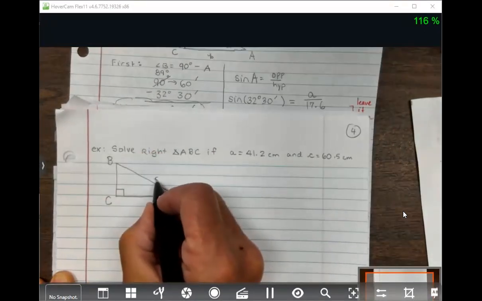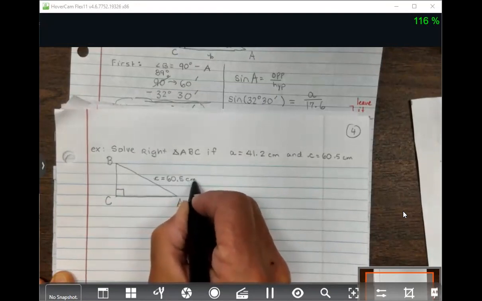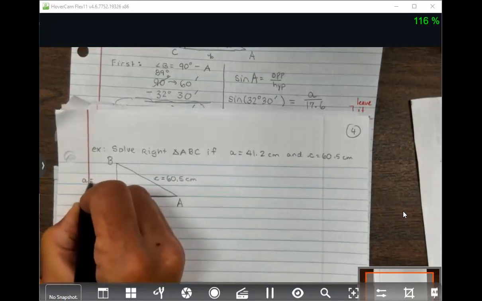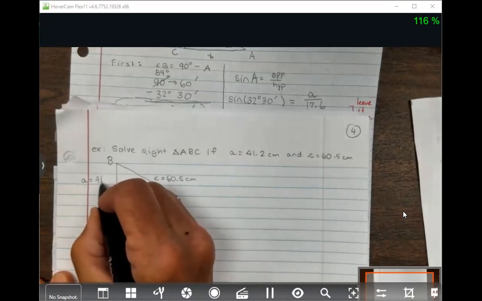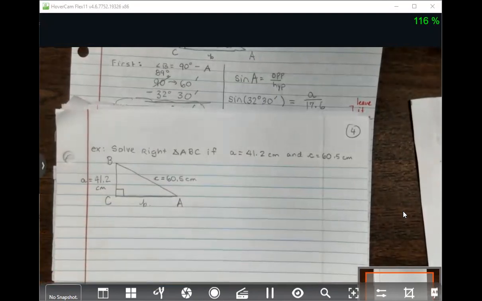So little c is right here, the hypotenuse, opposite angle C. Little a is opposite angle A. And so I guess we need to find little b, and then we can go ahead and find the angles. Is that the order in which you would do it?